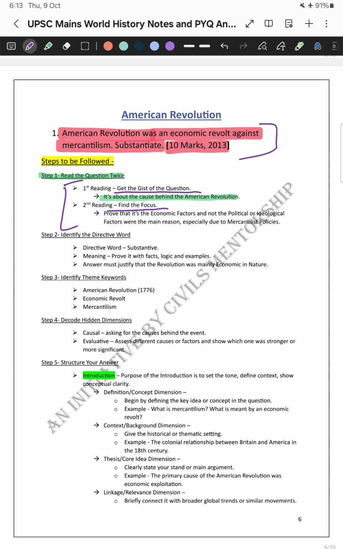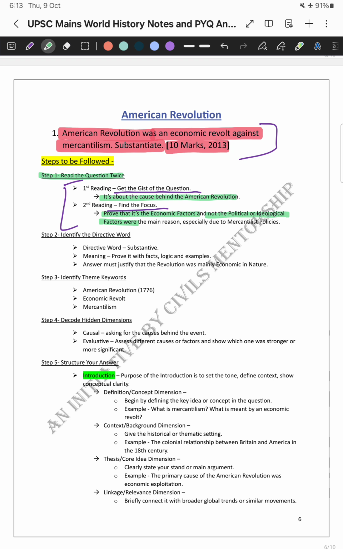For this question, they are basically asking you to prove that it's the economic factors and not the political or ideological factors which led to the American Revolution.